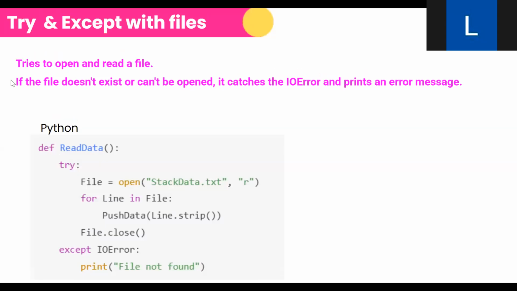So when we read a file, there is a possibility that this file does not exist. So can you understand what these lines are doing? Can you understand this 1, 2, 3, 4? Is it possible that you tell me what this line does?